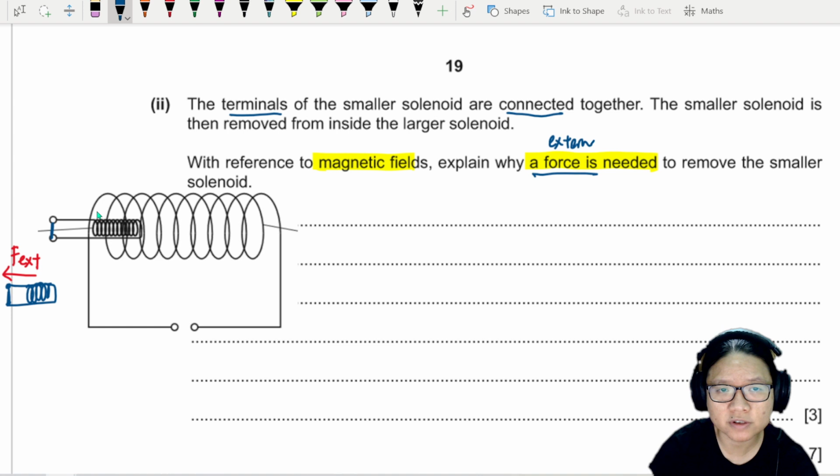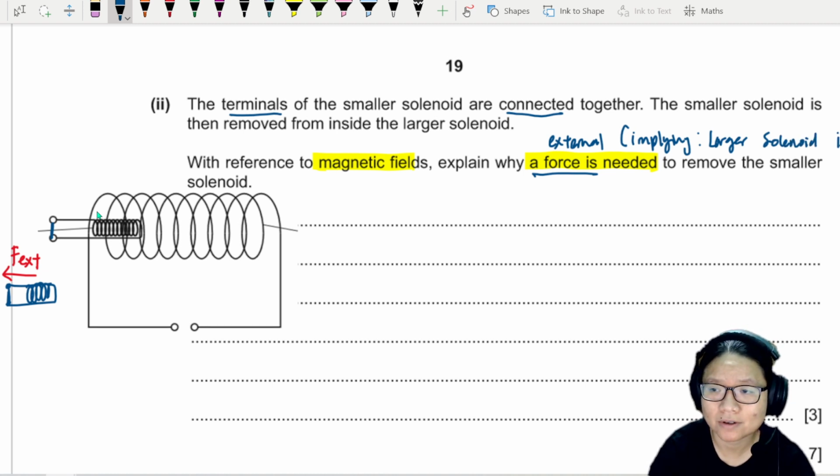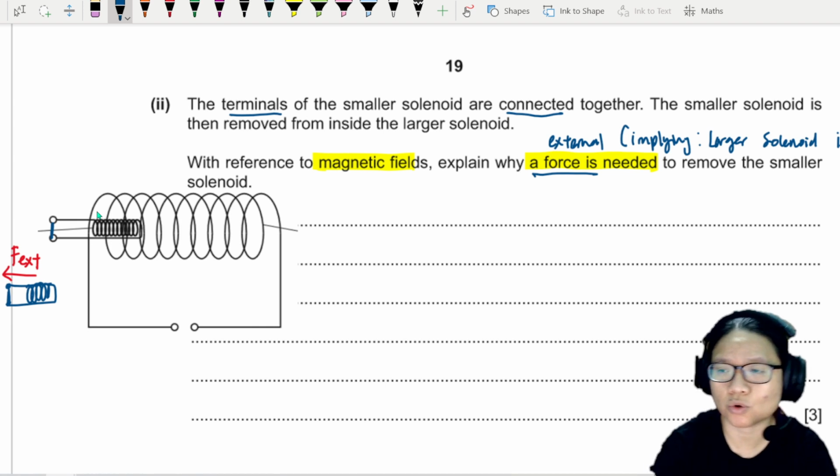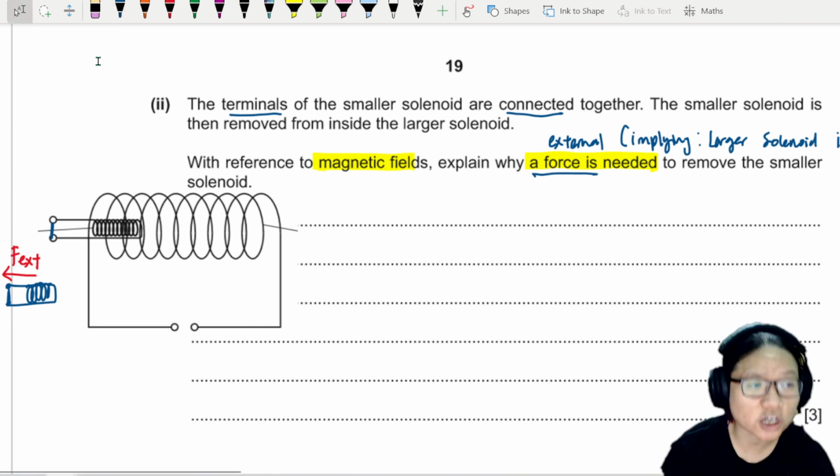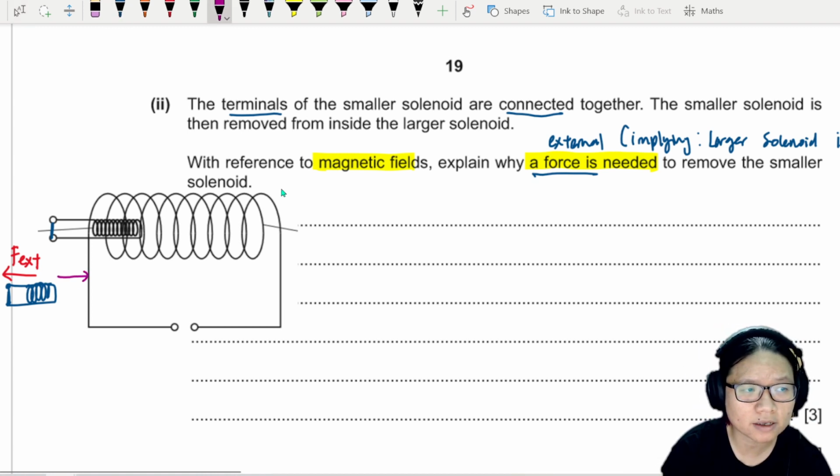An external force is needed to remove the smaller solenoid, implying that the larger solenoid is reluctant, doesn't want the smaller solenoid to go, and opposes the change. The change here is the smaller solenoid saying, bye bye, I go away, and the coil saying, no, come back.